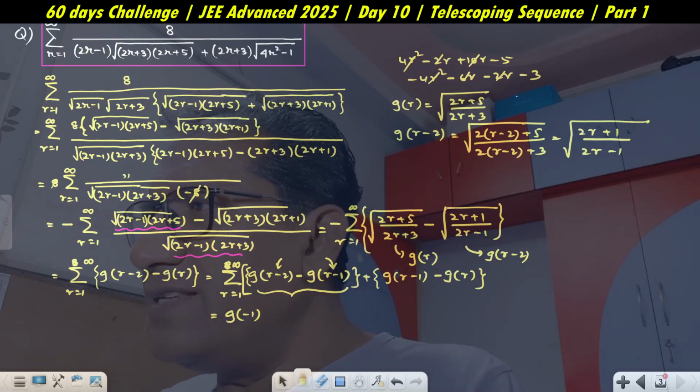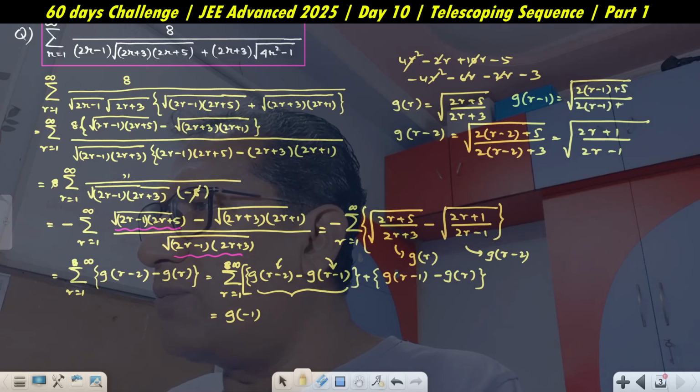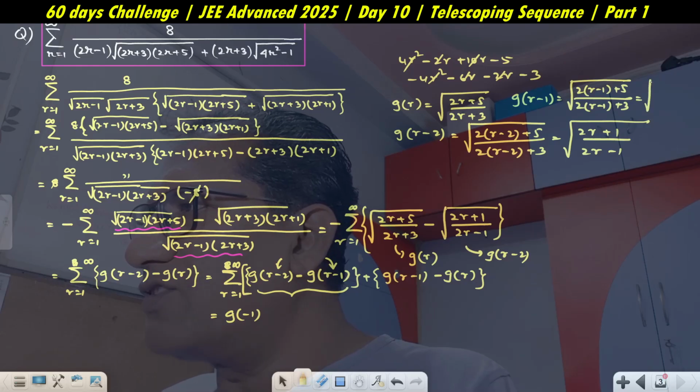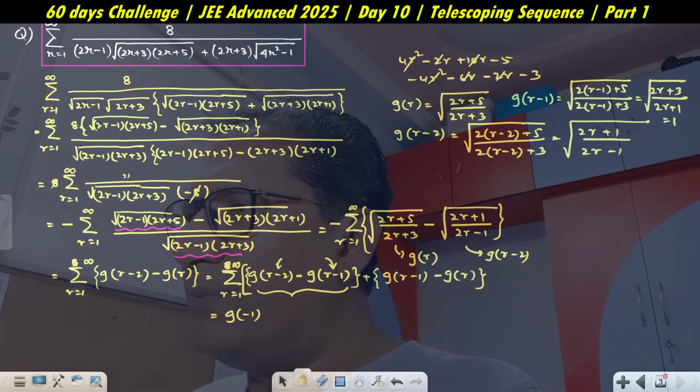Now we can easily see that your g of r minus 1 is basically under root 2 times r minus 1 plus 5 divided by 2 times r minus 1 plus 3. So that gives us root over of 2r plus 3 divided by 2r plus 1. And as your r is tending towards infinity, this one will give us 1. So your g of r minus 1 will give us 1.